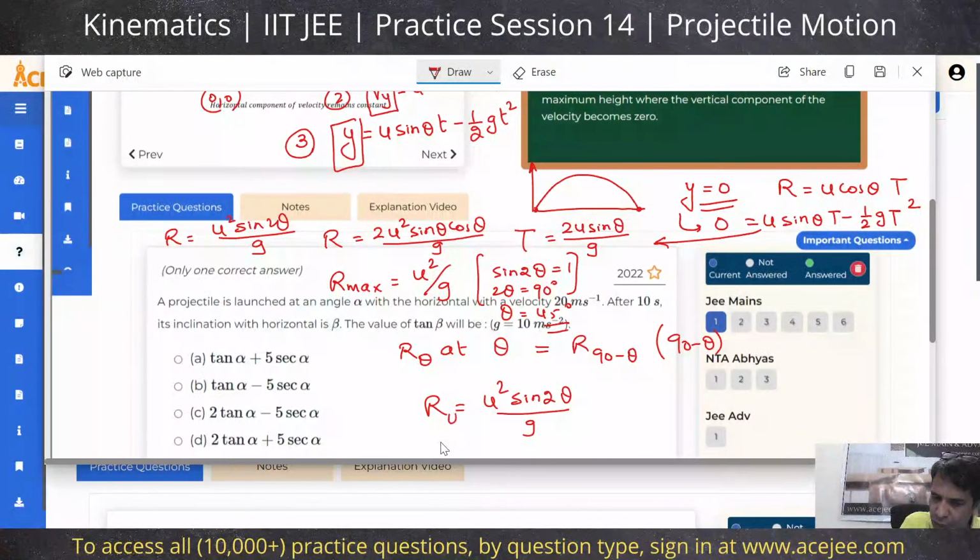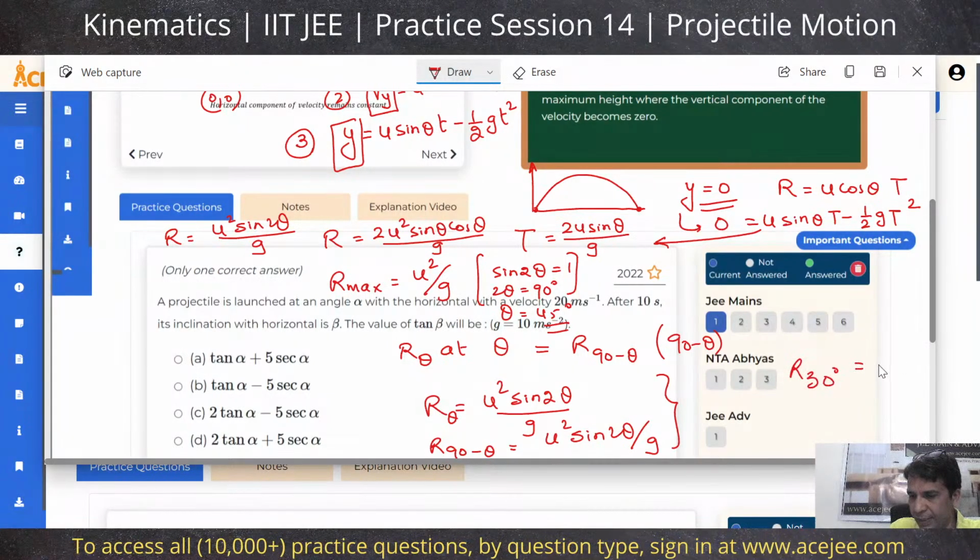And range at 90 minus theta is u square sine of 180 minus 2 theta. Sine of pi minus alpha is sine alpha. Would you guys agree? So that again gives us u square sine 2 theta by g. So the range is the same. In other words, if you throw it at 30 degrees, the range is the same as at 60 degrees. Okay.